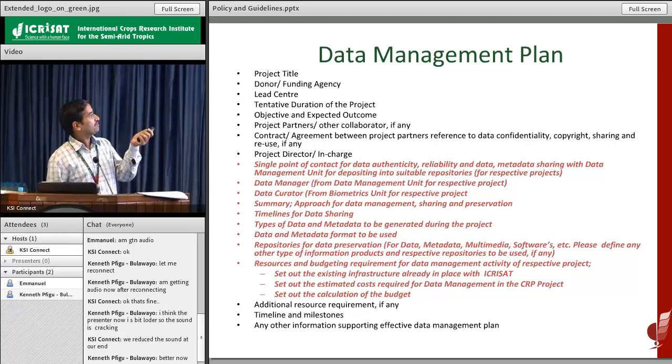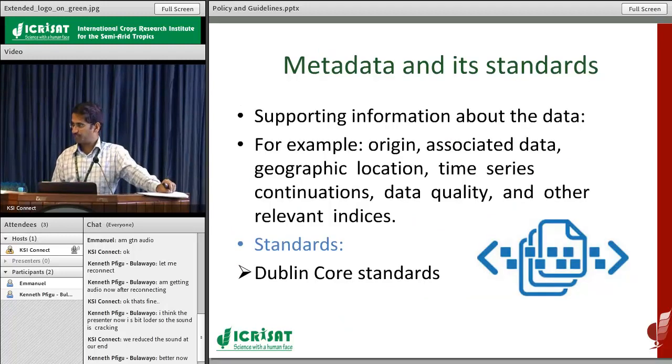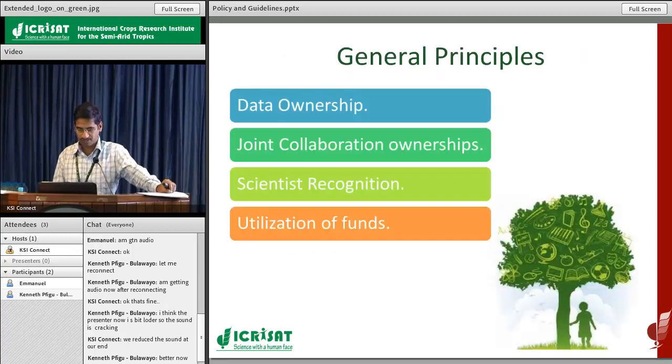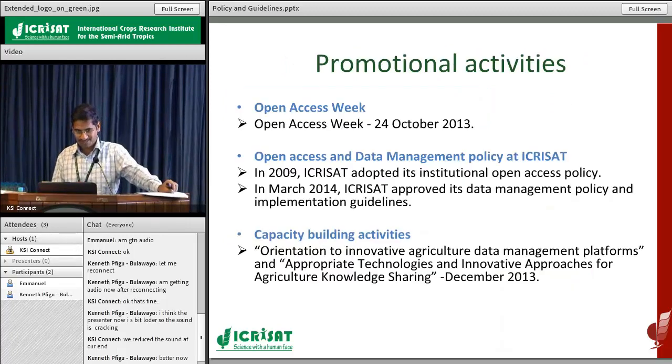These are the points we need to mention with respect to data management in any project plan. And of course, we need to ensure that metadata is with our data, otherwise it will not fit into the repository. In the morning, we discussed these points. We will not go into that.